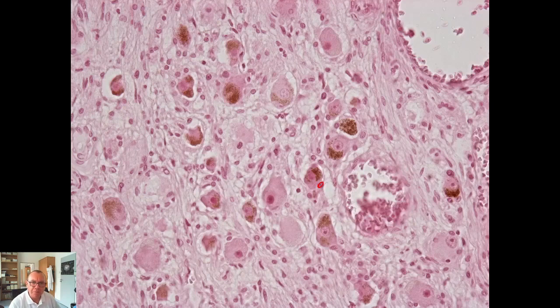Some Schwann cell nuclei among, and axons. Of course, also dendrites. There are also dendrites of these neurons receiving synaptic contacts from the preganglionic neurons from spinal cord or brain.